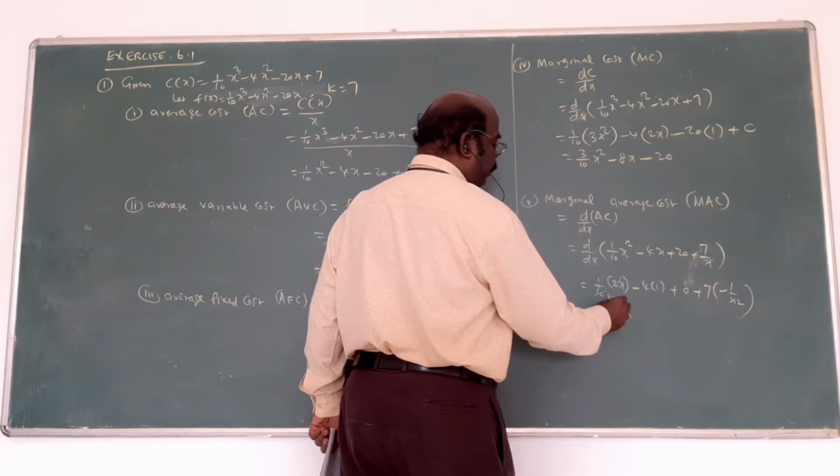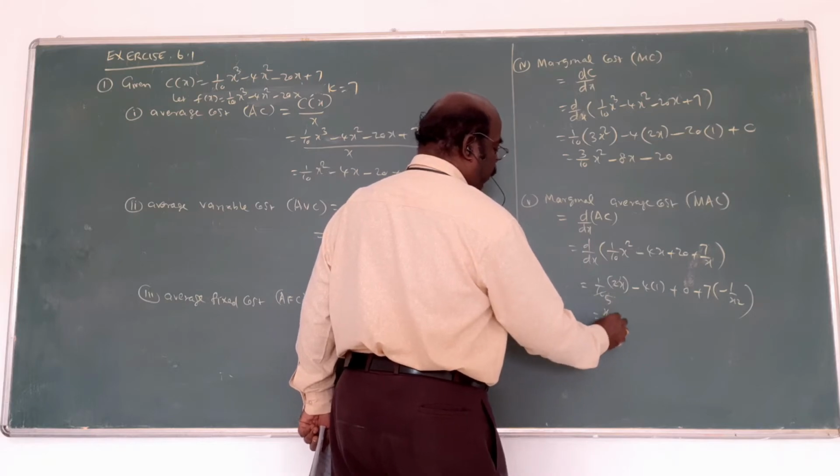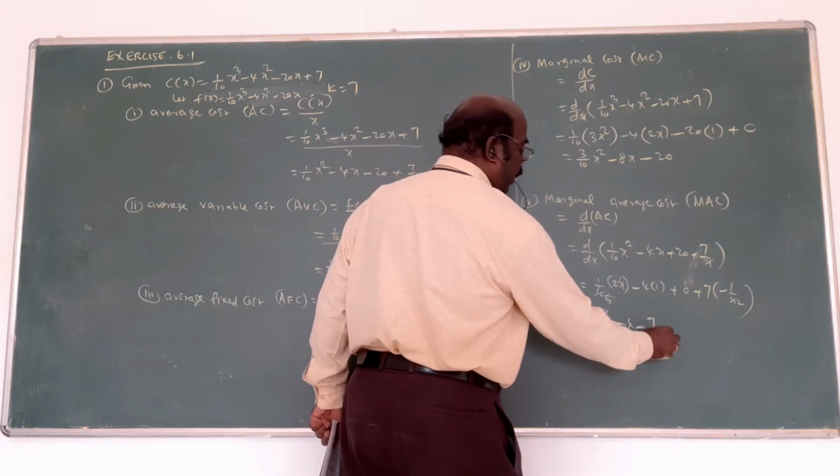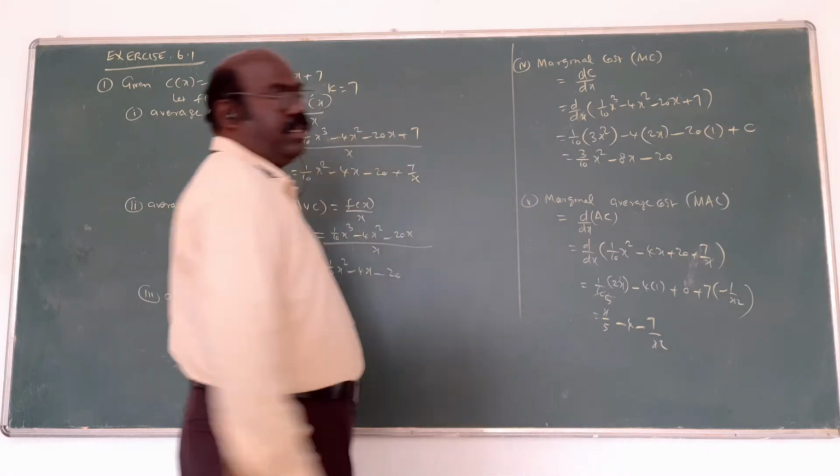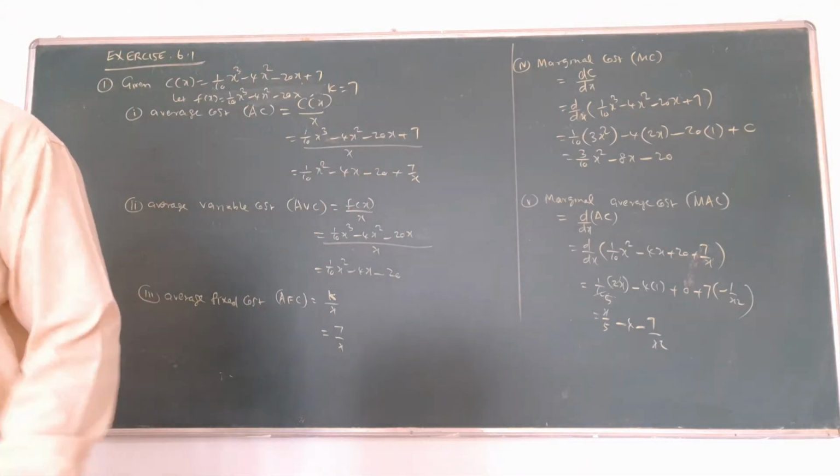Now simplify: x by 5 minus 4 minus 7 by x square. This is the answer. You must find each one using the formula.